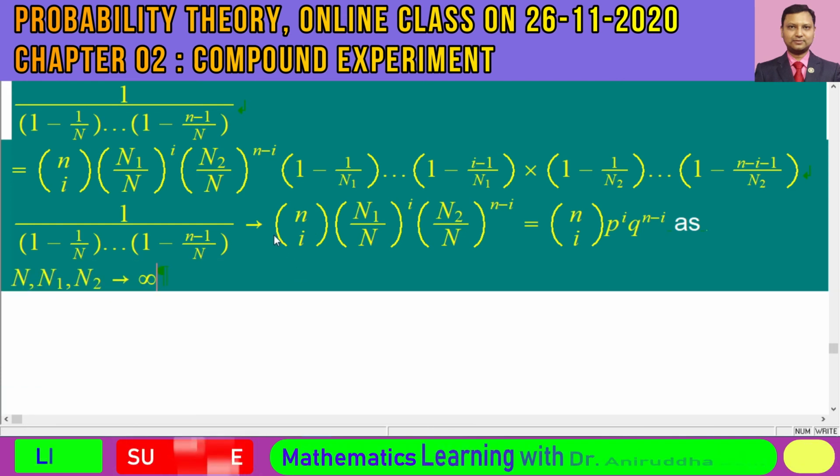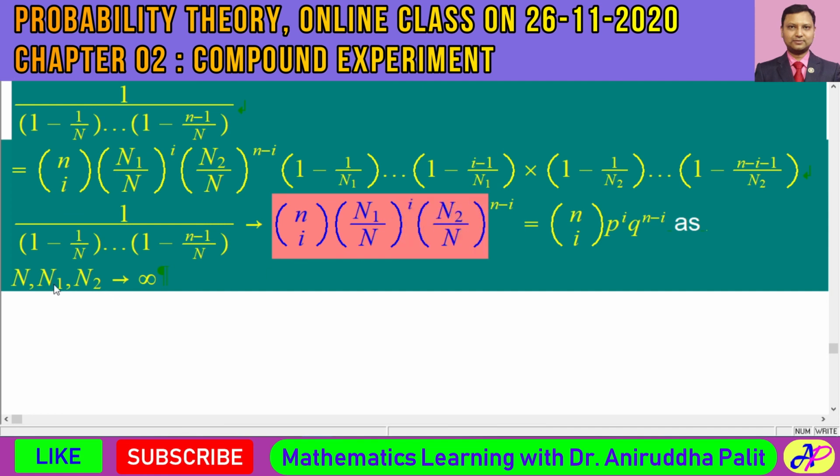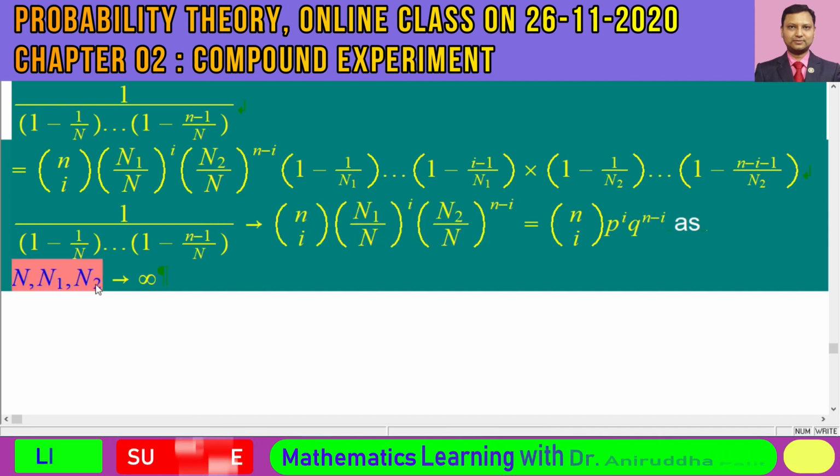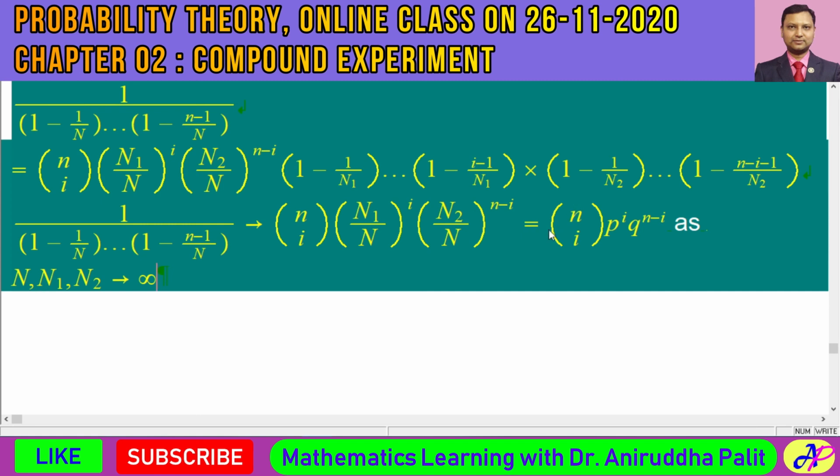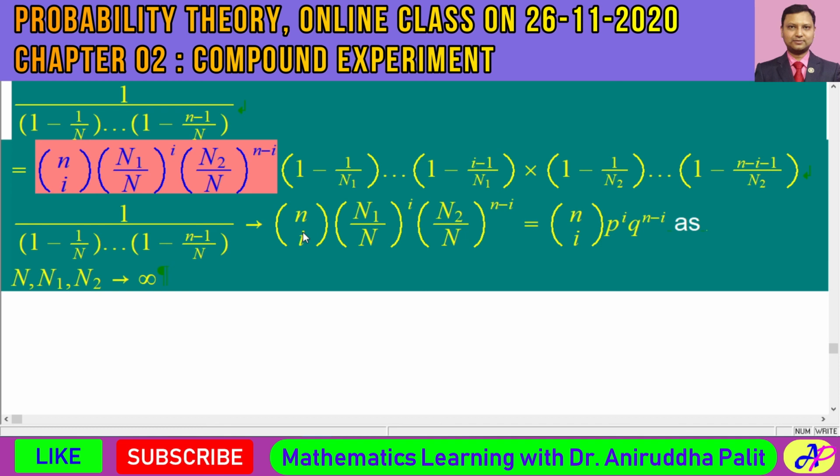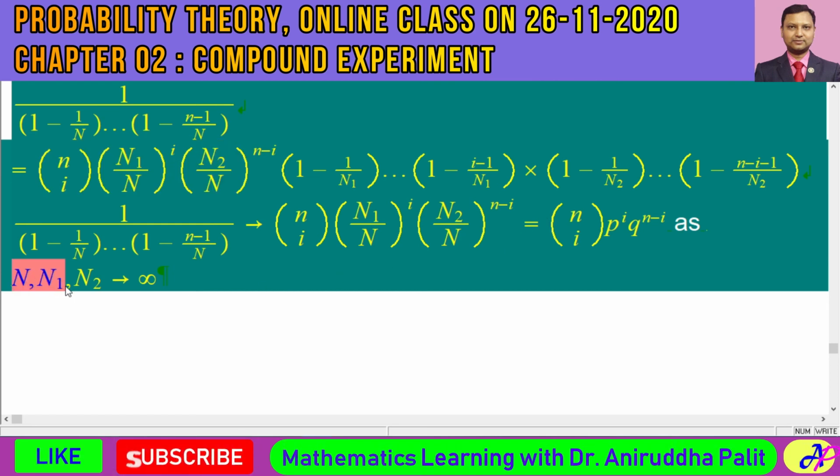Okay, so that is the result that says that if the total number of balls and the number of white balls and number of black balls are very large, in that case we can approximate, we can think that there is no difference between the formula for drawing i number of white balls with replacement or without replacement. Both are very close to each other, as n1, n2 and the total n are very large.